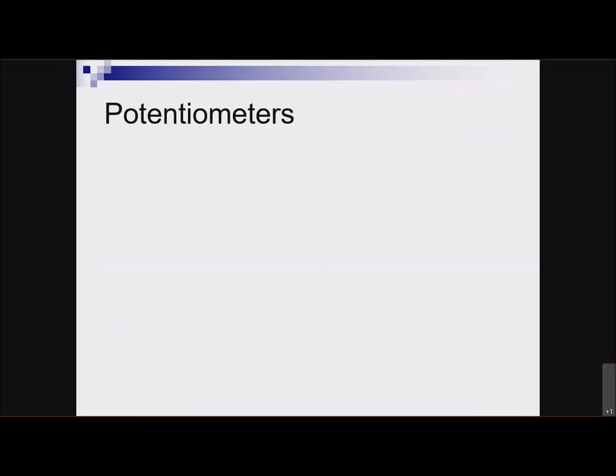So on to potentiometers. First thing you'll notice about a potentiometer is that it has 3 wires, and we'll talk about what those are. But what are they used for? I talked about this in the lab video. These are used to provide position information.